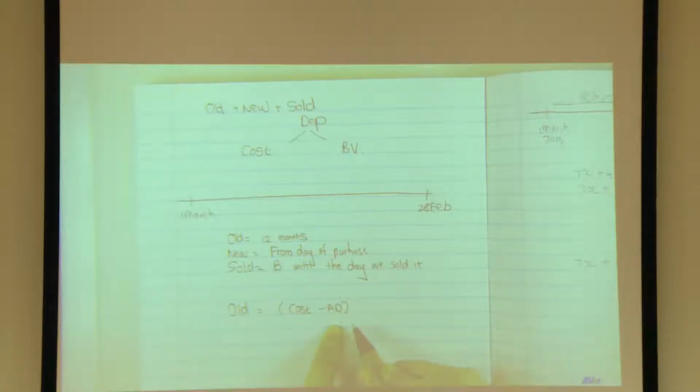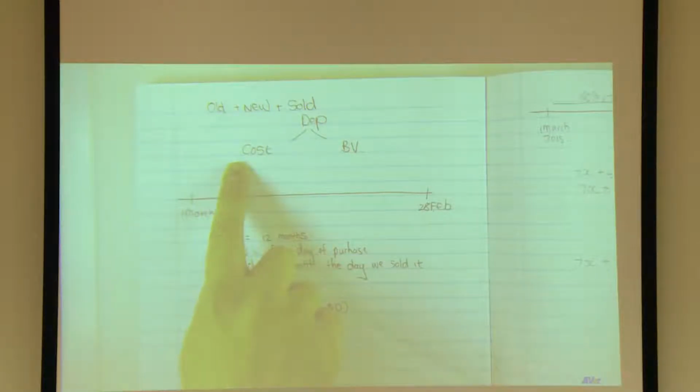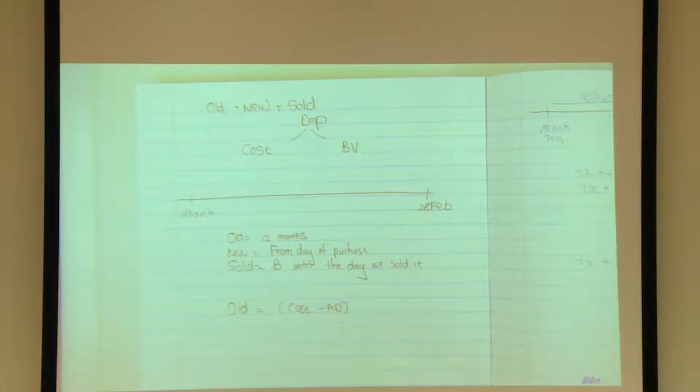Secondly, if I didn't have it for 12 months, I can't calculate it for 12 months. So when we get the remaining, it's always the cost in the beginning, or the balance at the end, whatever the case may be, minus the cost of that which we sold. This is using cost. I will go in more detail later on with the notes specifically.